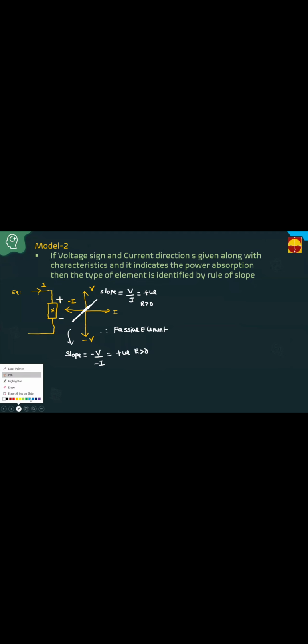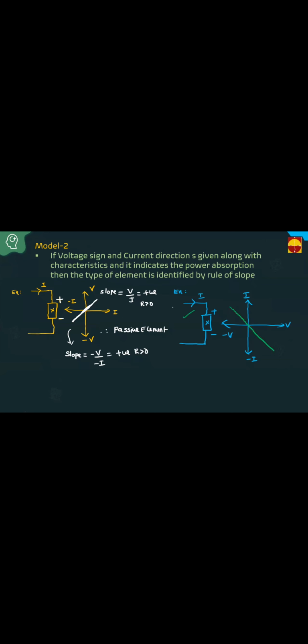One more example I am writing here. Characteristics are given like so. If the current direction and polarity is given like this, plus, minus is the current direction, and characteristics are given like this. This is I, this is minus I, this is V, this is minus V. This also indicates power absorption.